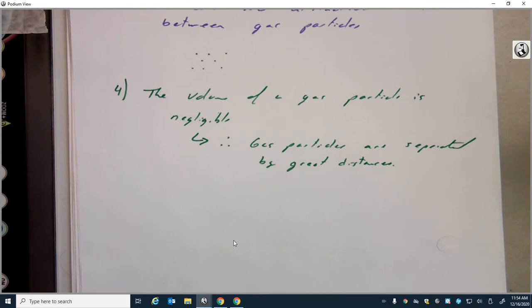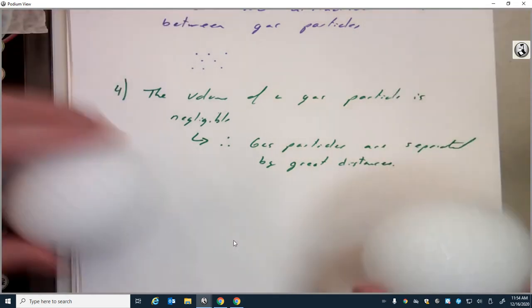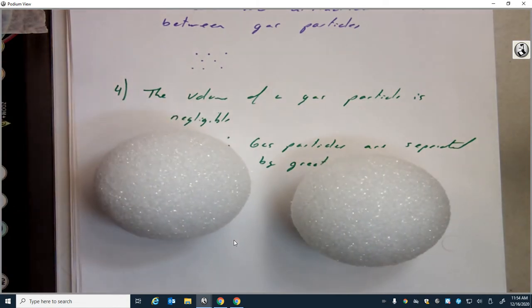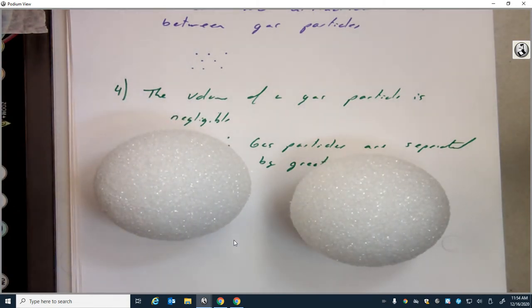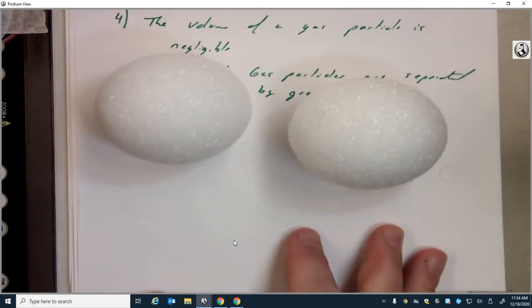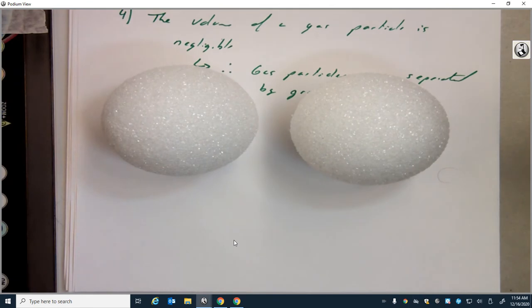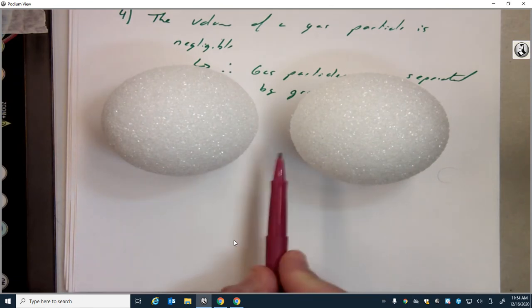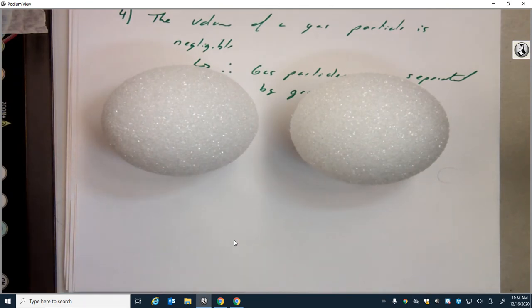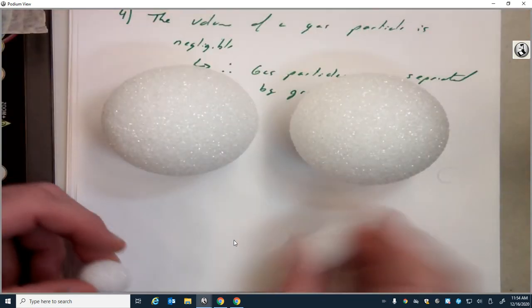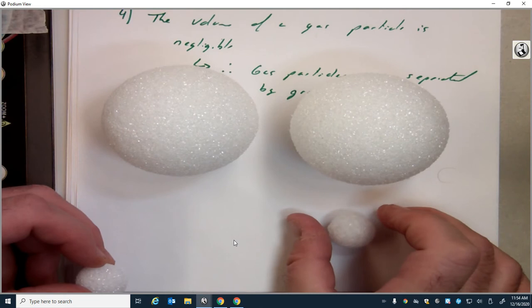I want to try to explain that a little bit to you. So let's say that I have two gas particles that are this big. And in this case, we only have this distance right here between them. Now, what if those gas particles were this big?